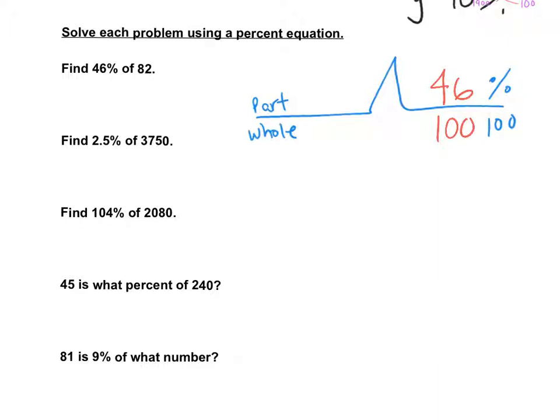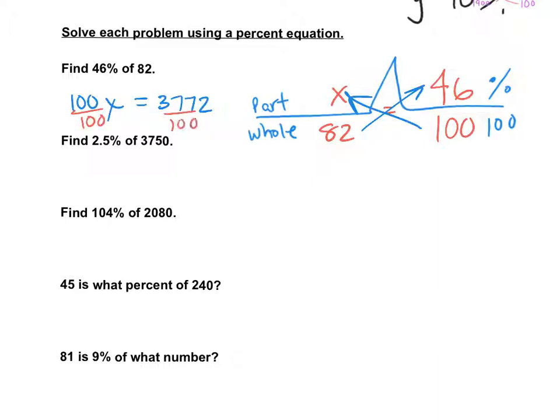The 82 is the whole thing that you're trying to find the part to. So when you cross multiply, you get 3,772 is equal to 100x. I divide by 100 like a regular equation, and I get that x is equal to 37.72.